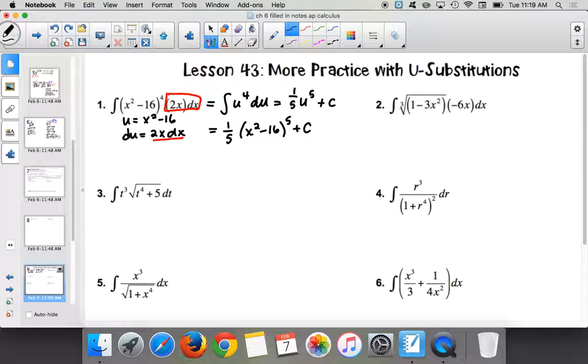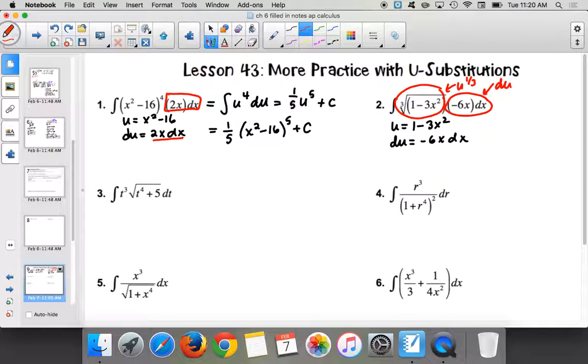So this next one, I'm going to let my u be the 1 minus 3x squared. Du is then negative 6x dx. Notice how that's what I want, that negative 6x dx. So all of that is going to be replaced with du. Now the other part is going to be u under a cube root, so this is going to be replaced with u to the 1/3.